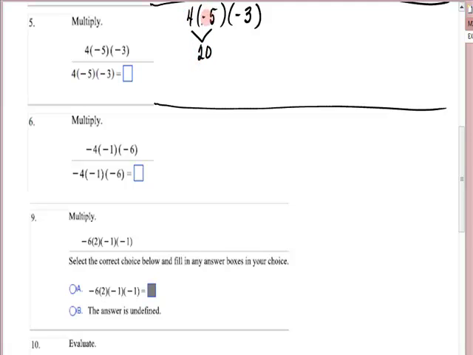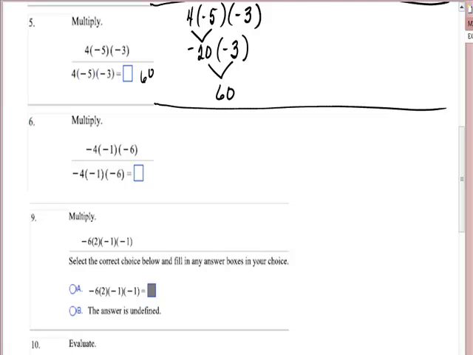It's a positive times a negative. Different signs, you get negative 20. Now we're going to multiply again. 20 times 3 is 60. Negative times negative, the signs are alike, so you're going to get a positive. The answer to this one is positive 60.